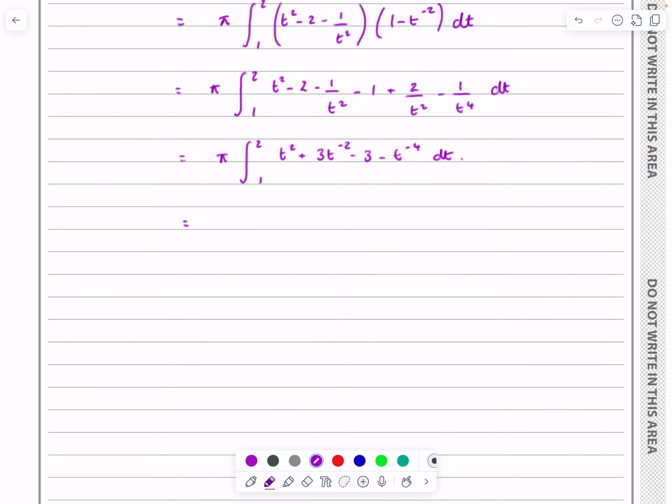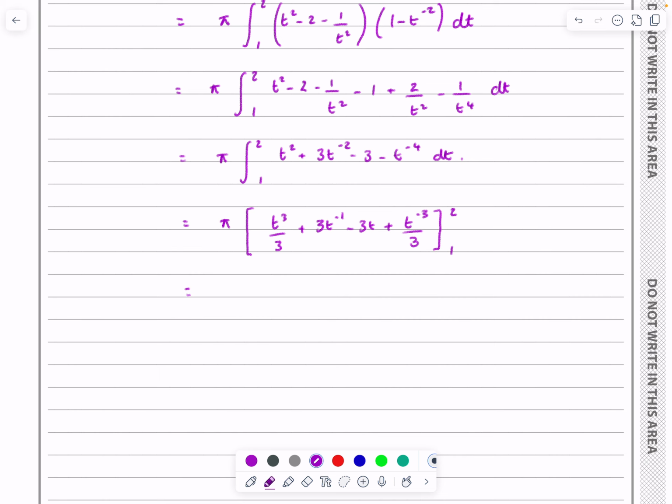Okay, let's just integrate it now. So add 1 to the power, divide by the new power. For all of them, it's going to give me, so t cubed over 3. It's going to be 3t to the minus 1. It's going to be minus 3t, and it's going to be plus t to the minus 3 over 3. All between 2 and 1.